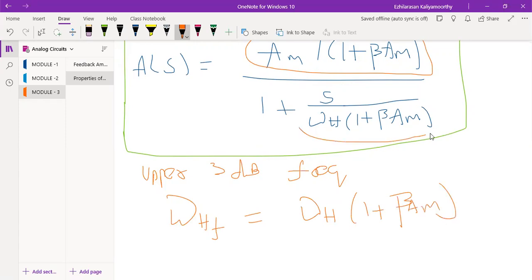See this term, this term is nothing but the upper 3 dB frequency. Now from this I can say the change in the bandwidth extension.